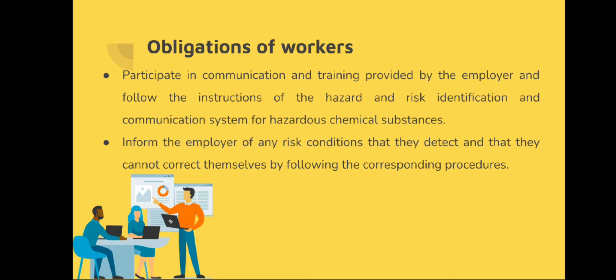Some obligations of them are to participate in communication and training provided by the employer and follow the instructions of the hazard and risk identification and communication system of hazardous chemical substances.